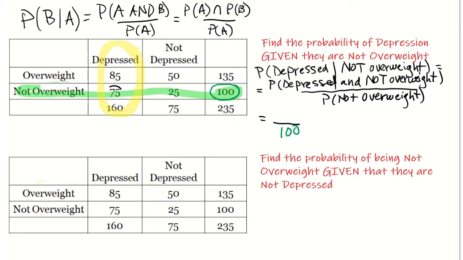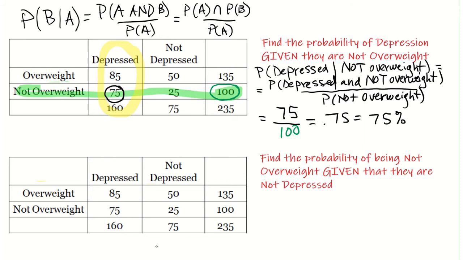So that's going to be where these two colors meet, and that's going to be 75. So that is 0.75, which tells me I have a 75% probability that if someone is not overweight, they will also be depressed.